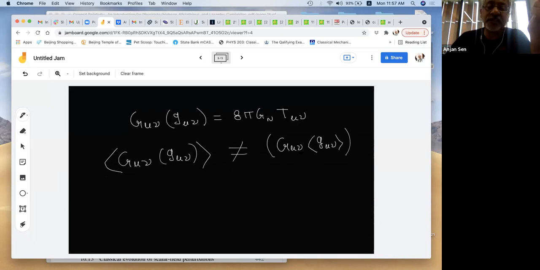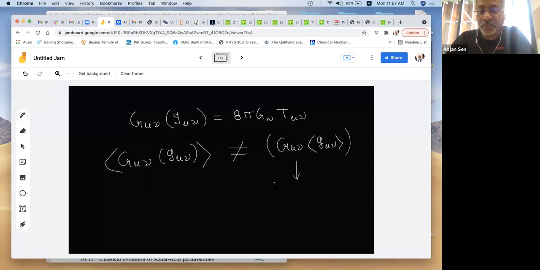If this capital G nu mu were a linear operator acting on small G nu mu, then we could have done it. But because it is not so, we have G nu mu, G nu mu squared, its derivative, derivative squared, all those terms are there. So these two things are not at all equal.